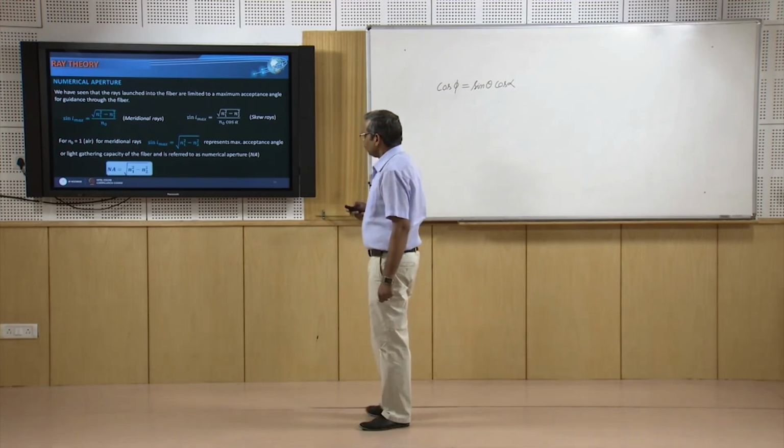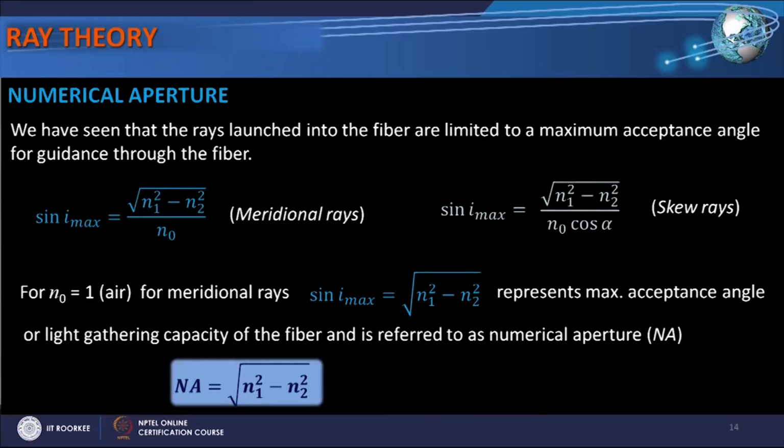So, numerical aperture, or in short NA, is square root of n1 square minus n2 square, and it purely depends upon the refractive indices of the core and the cladding.